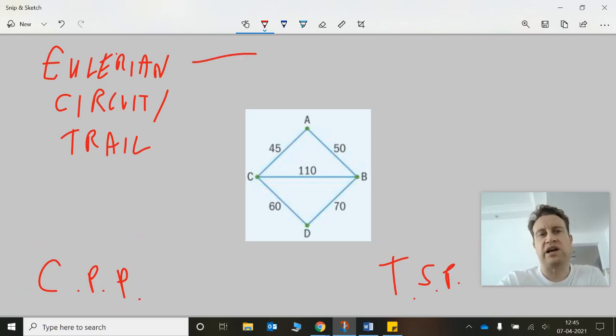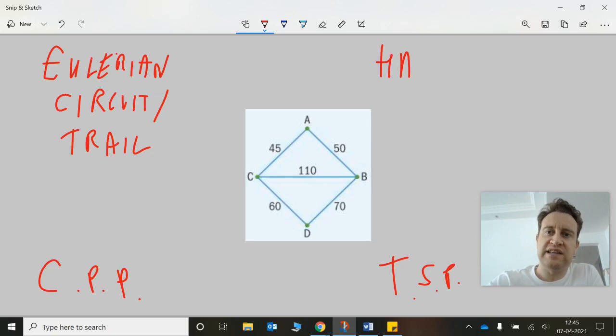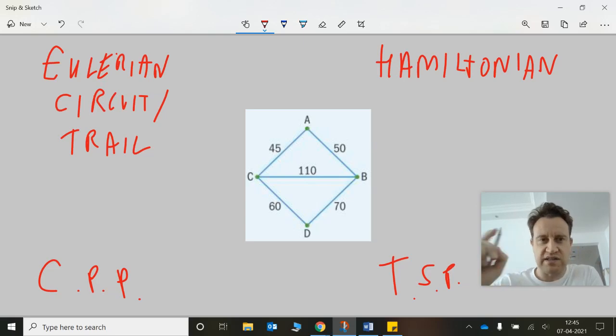Okay, but if an Eulerian circuit existed, then that meant that we could theoretically start and finish at the same place. Now, we've got a similar sort of idea for this one, but this is called a Hamiltonian, and the language is slightly different here.